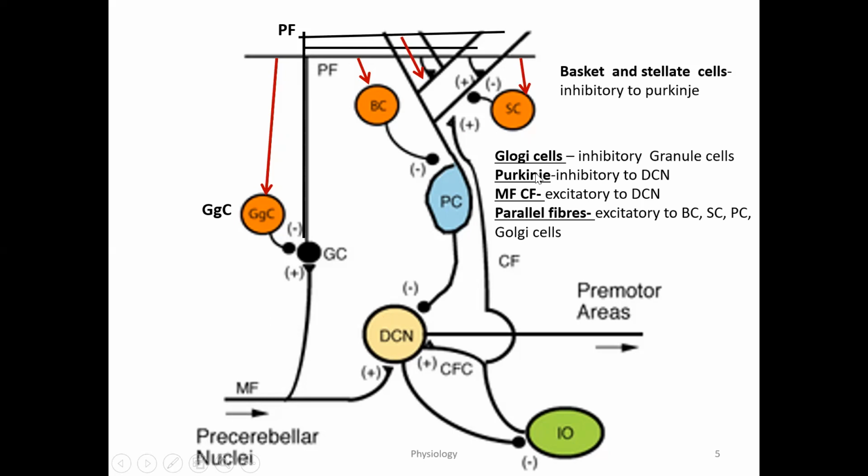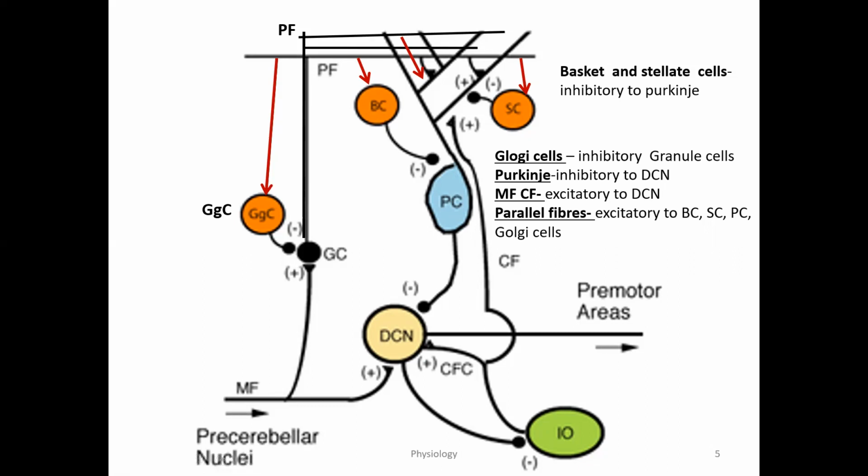You can see that Golgi cells, Purkinje cells, basket cells, and stellate cells are inhibitory, while only the granular cell is excitatory, and it releases glutamate. These are all inhibitory, and the granular cells are excitatory toward the deep cerebellar nuclei.